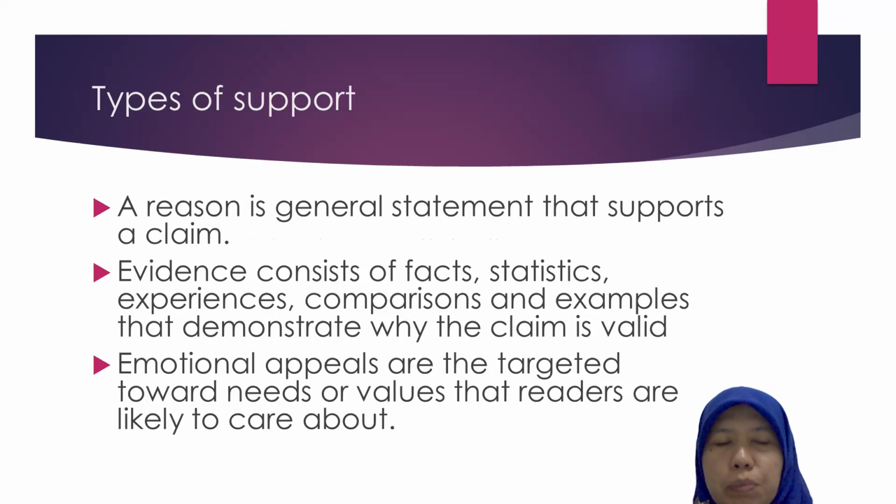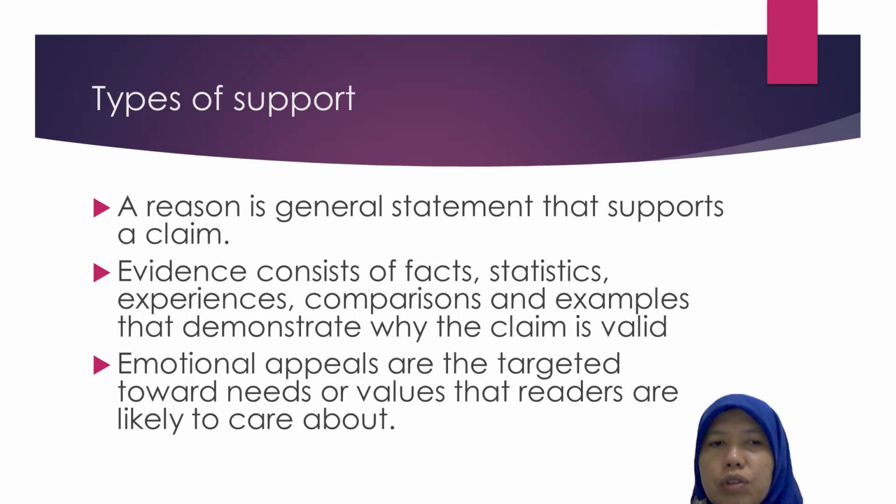Now take a look at the support. There are three types of support to say that an argument has good support. The first is that a support should be a reason. A reason is a general statement that supports a claim.